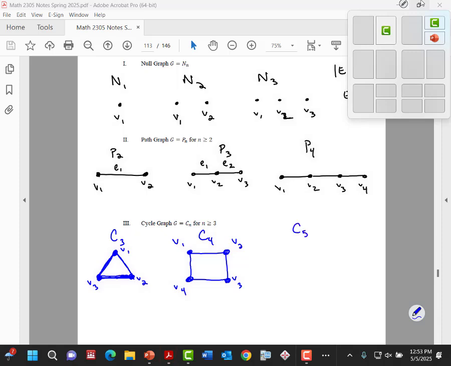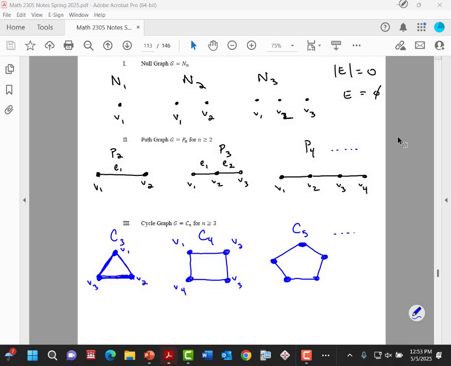C5, the cycle graph on 5 vertices. Like so. And I can extend this for however many vertices I wish for all of these guys.